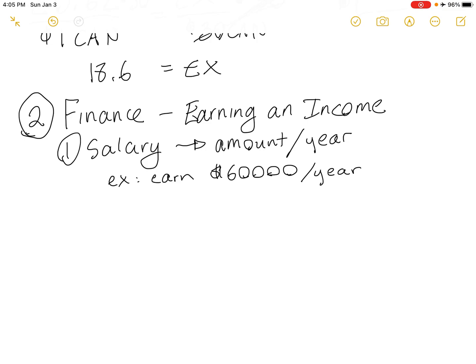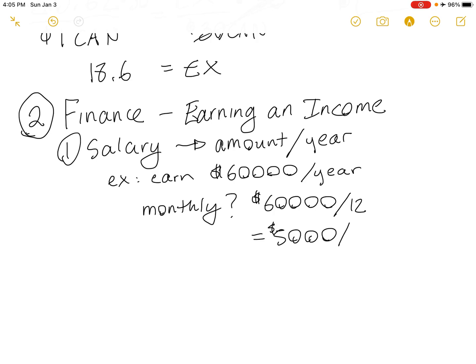If you wanted to know how much you earn per month, then you'd have to take that $60,000 and divide it by the number of months in a year. So monthly, it would be 60,000 divided by 12, which works out to be, well, 60 divided by 12 is 5, so $5,000 per month. Weekly, you'd have to take the full $60,000 and divide it by the number of weeks in a year.